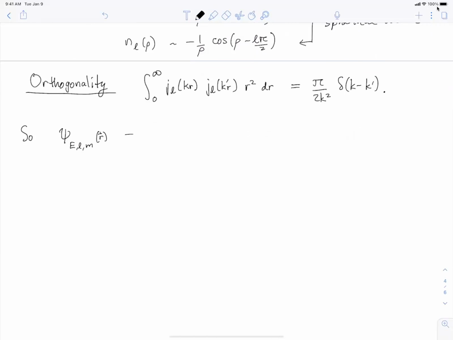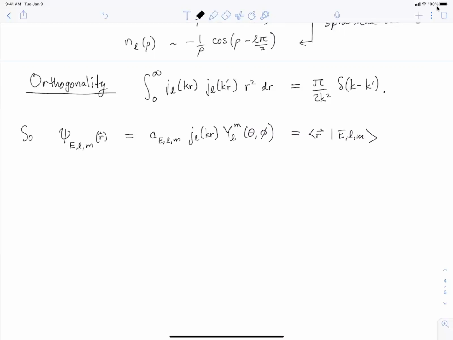And what we found is, well, I'm going to write here an unknown constant, which I'm going to call A. And then I'm going to multiply by the spherical Bessel function. And then I'm going to multiply by the YLMs that we factored out. Okay, so this is our inner product with |E L M>, the ket.